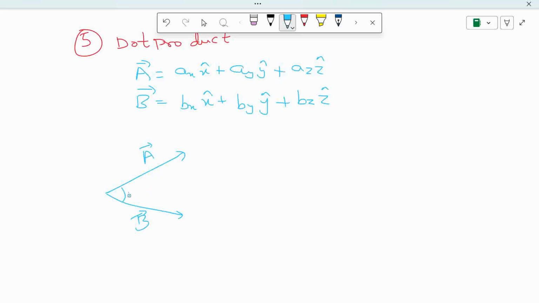So basically, if there is an angle theta, then along a, this vector b has a magnitude of b cos theta. So it will be the magnitude of a, and the magnitude of b cos theta is the component along a.